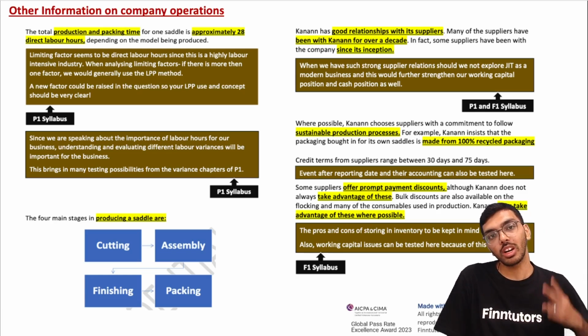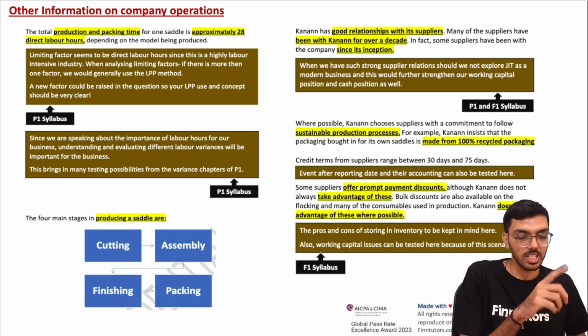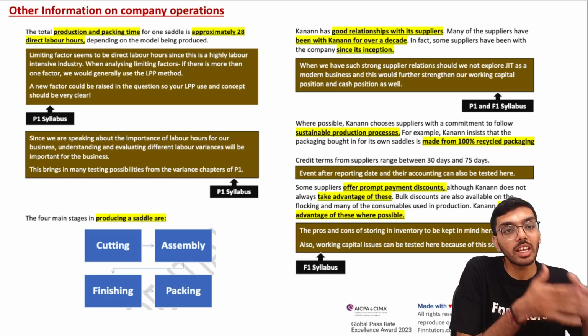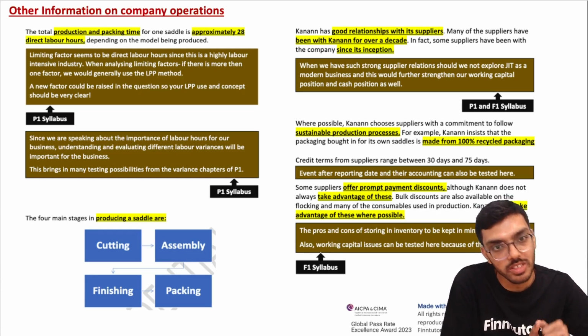But there will surely be other limiting factors as well, like let's say throughput, like let's say time, like let's say the money that we have. So there can be different limiting factors. One clearly pointed out is the labor.